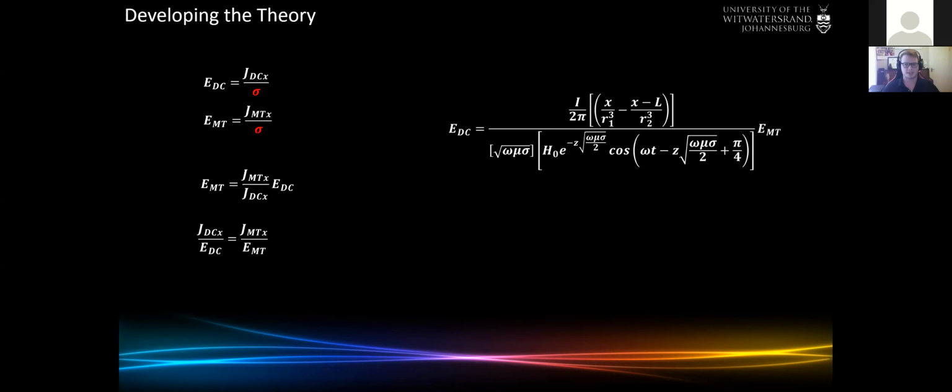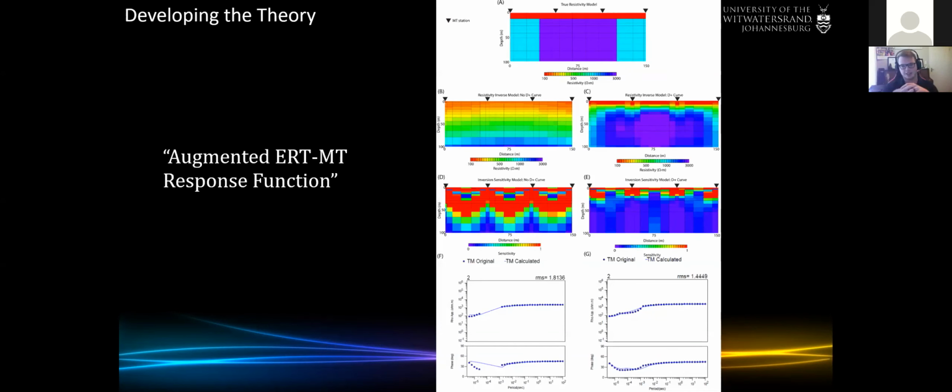So I then did some brute force tests to have a look at what we can do with the two data sets. So on the top, we have just the theoretical model. And then on the left, we just have an MT inverse model with only MT data. On the right, we have an MT model where I calculated the high frequency data from the ERT theoretical data.